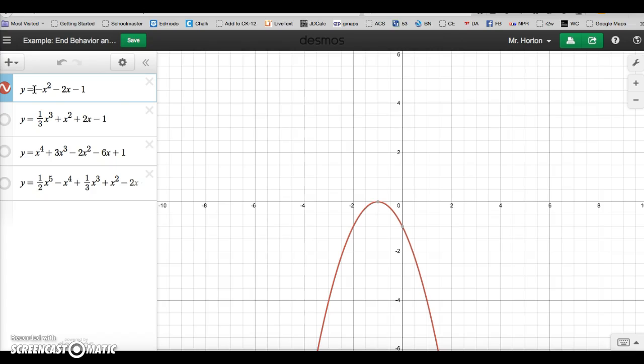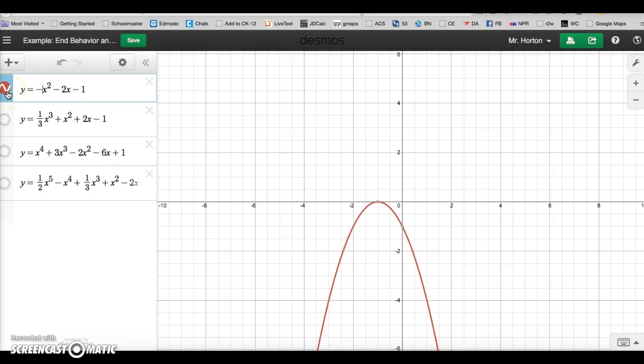If I make it a negative x squared, it flips or reflects our parabola across the x-axis. So now it goes the other direction. Now our end behavior is down and down. So you can see that when the leading coefficient is negative, the end behavior is going to be the opposite of what it is if it's positive.